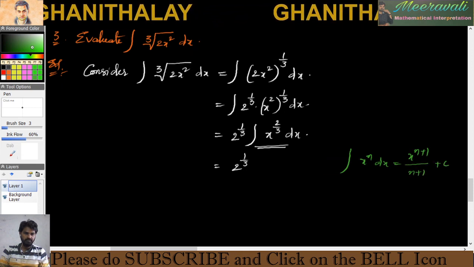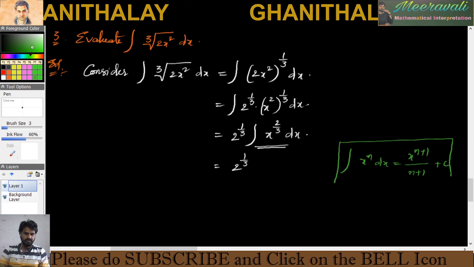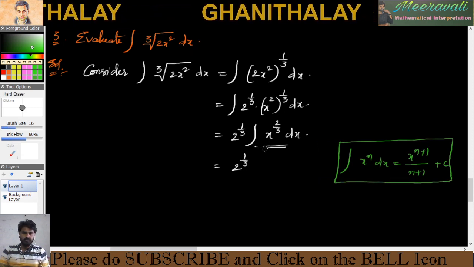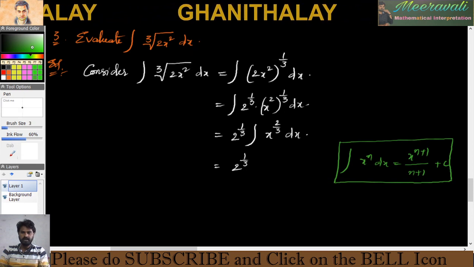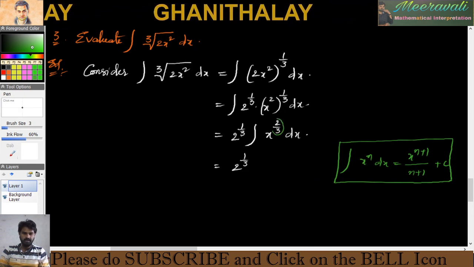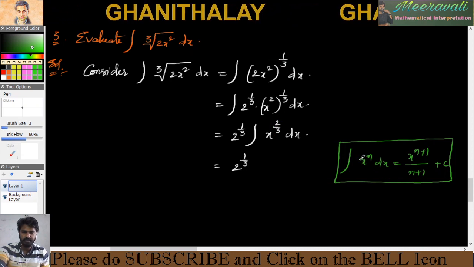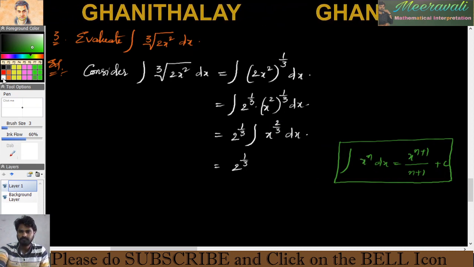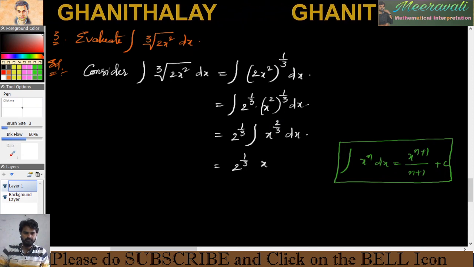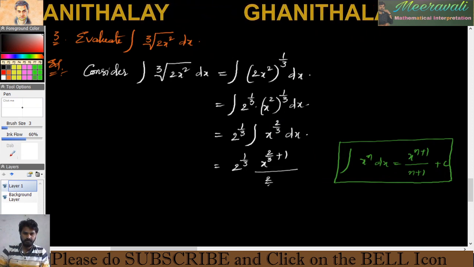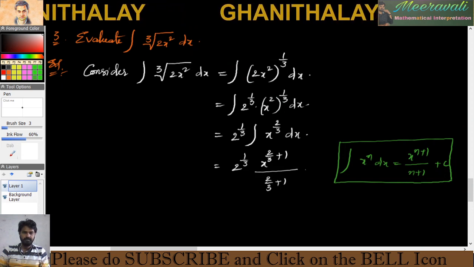So you have to substitute this formula here, where x to the power of 2 by 3, this is called the n. Now if you substitute in this formula, you will get x to the power of 2 by 3 plus 1 by 2 by 3 plus 1 plus c.